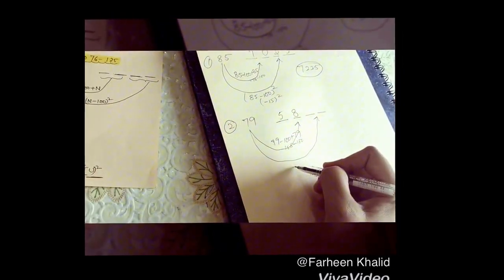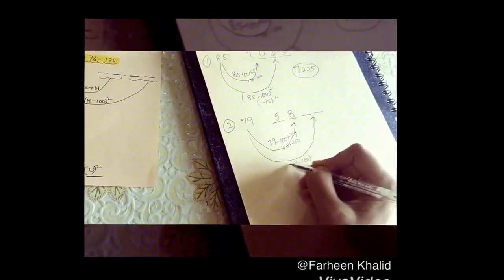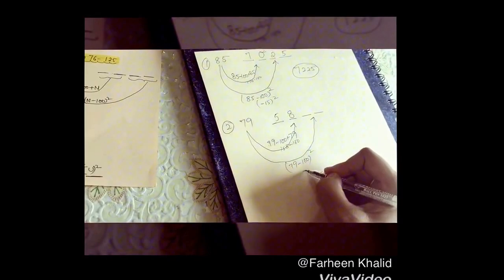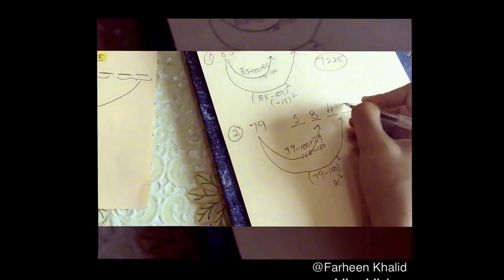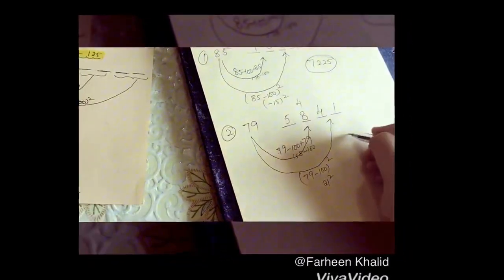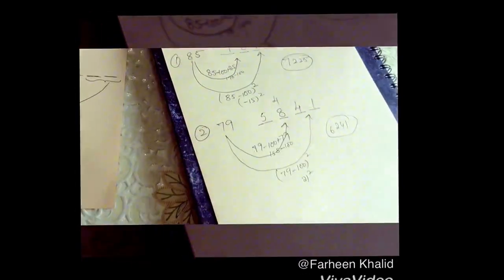Okay, and then the second part is 79 minus 100 whole square, which is supposed to be 21 square. So 21 square, you can see here, is 441. So you put the 41 here and you carry over the 4. So our final answer is 6241. Okay, that's the final answer.